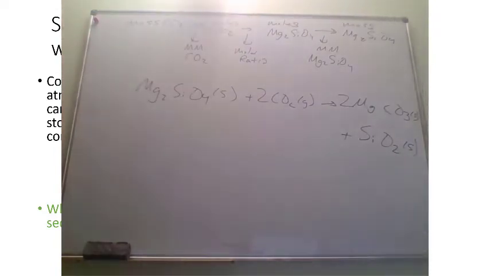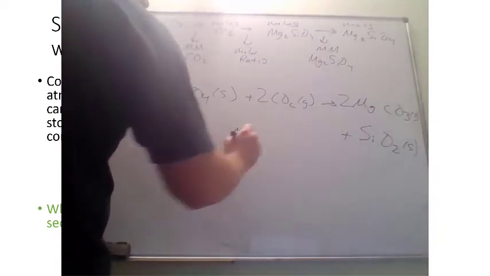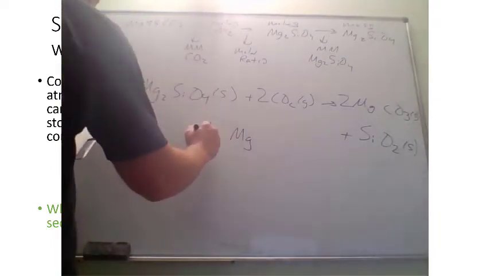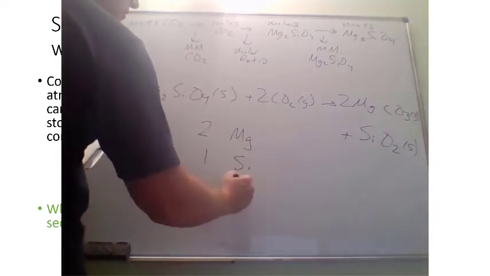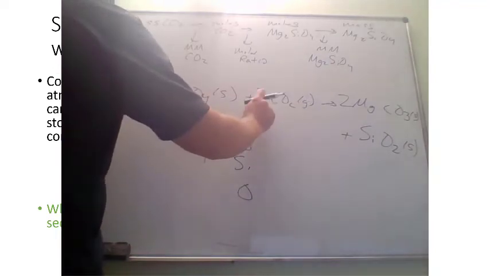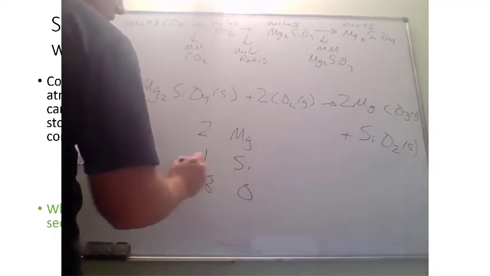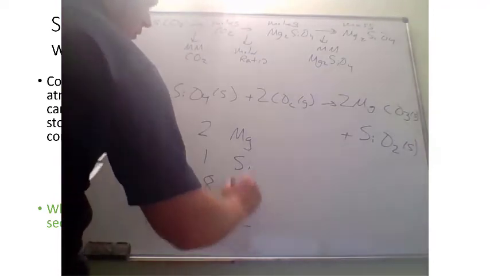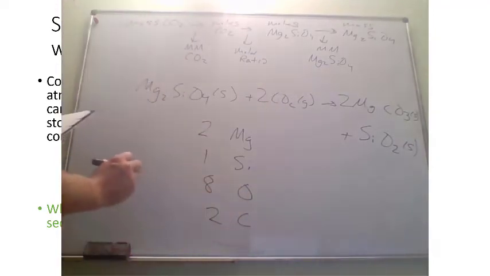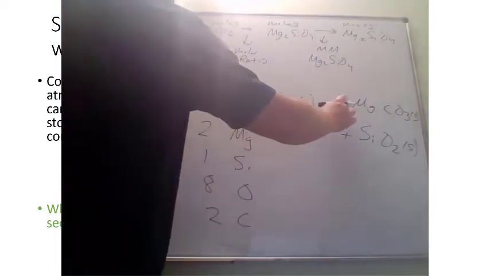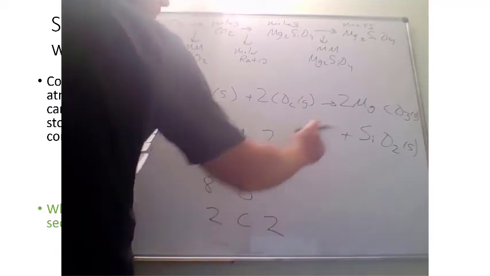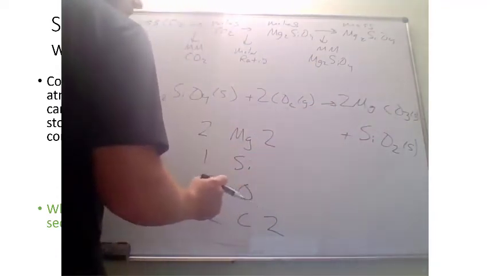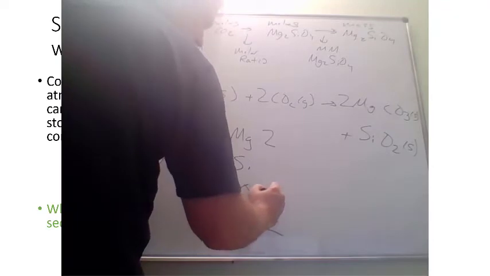And so we need to make sure that this chemical equation that's provided to us is balanced. So we'll go through and identify each atom. Magnesium, we have 2. Silicon, we have 1. Oxygen, we have 4 plus 2 times 2 is 4, so we have 8 total oxygens. Carbon, we have 2 times 1 is 2. Looking over at the products, we have 2 magnesiums. 2 times 1 carbon gives us 2. 2 times 3 oxygens gives us 6, plus another 2 gives us 8.